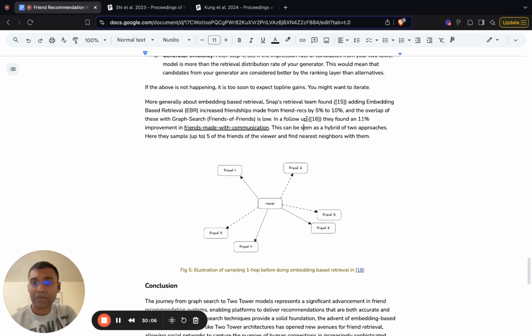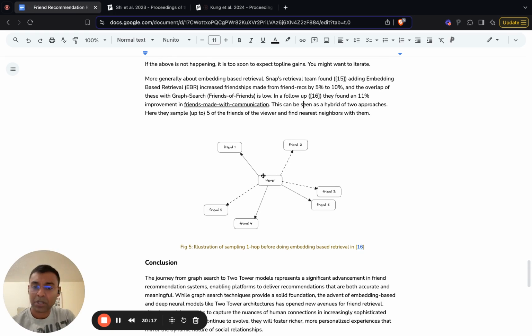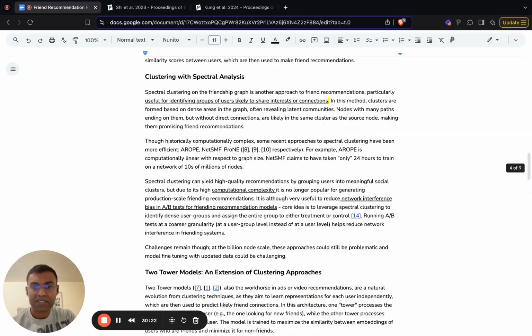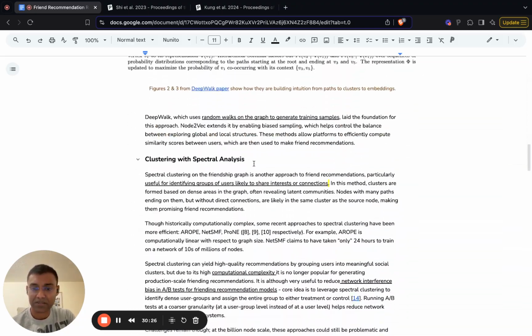Okay, so a very brief summary of the 2024 paper by the Snap Retrieval team, where what they say is that, if you go back to this idea of clusters, right? We talked, I think here, clustering.